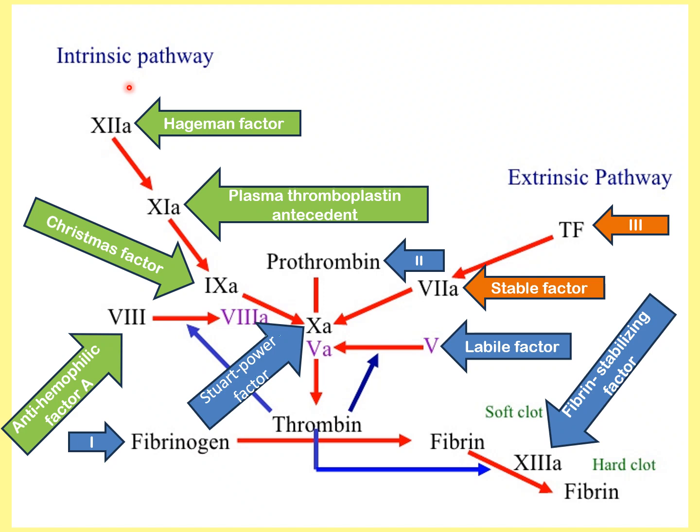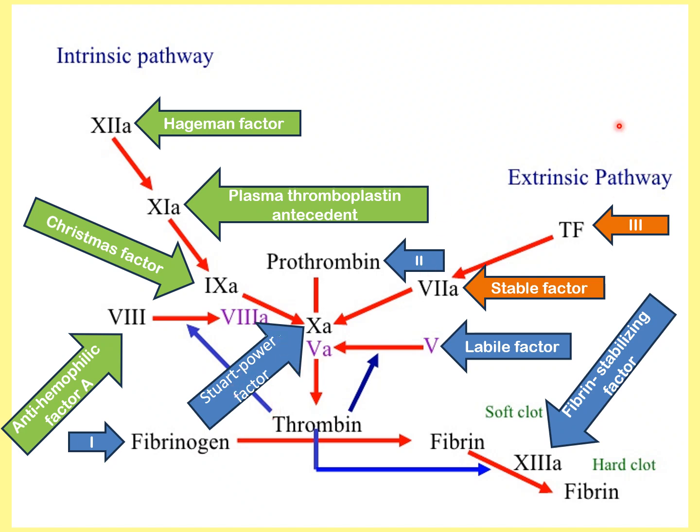The intrinsic pathway comprises of various clotting factors, including factor 12, which is Hageman factor, factor 11, which is plasma thromboplastin antecedent, factor 9, which is Christmas factor, factor 8, which is antihemophilic factor A, factor 1, which is fibrinogen, factor 2, which is prothrombin, and factor 10, which is Stuart-Prower factor.